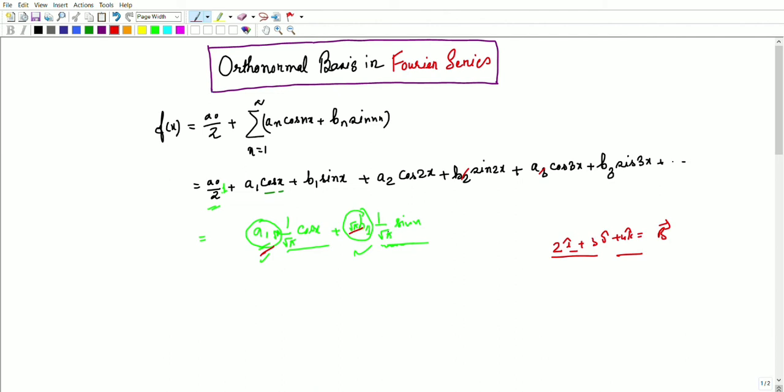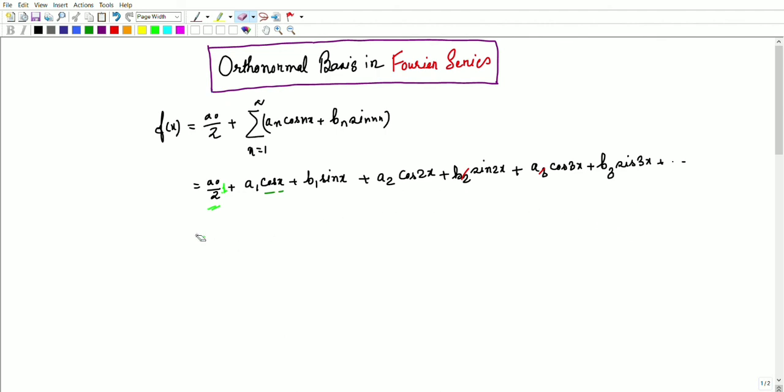So here these are the orthonormal basis functions in the Fourier series. The same representation, but here infinitely many orthonormal basis functions are there. That way we can compare this Fourier series with the vector representation. Okay, so I hope this concept of orthonormality and orthogonality has been clear to you now.